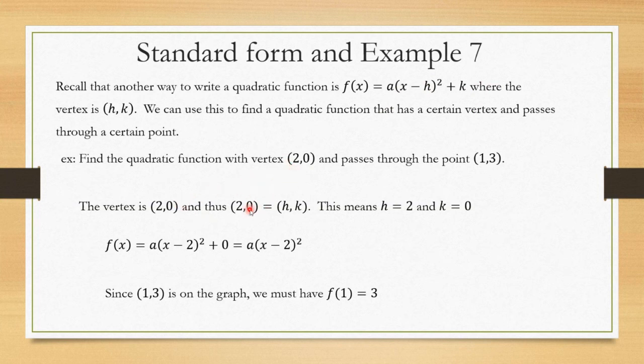That tells us this point 2, 0 is equal to the point hk. And when 2 points are equal, their coordinates are the same. In other words, the x coordinates are the same, so 2 equals h, which means h equals 2. The y coordinates are the same, so 0 equals k, that is k equals 0.